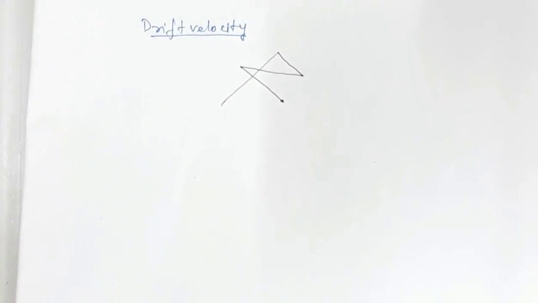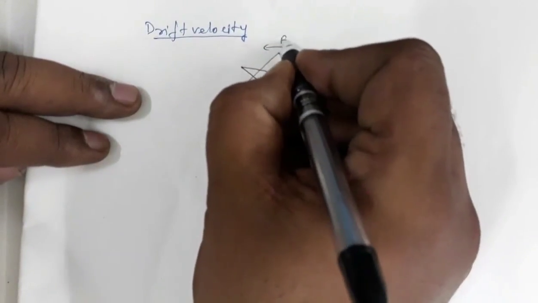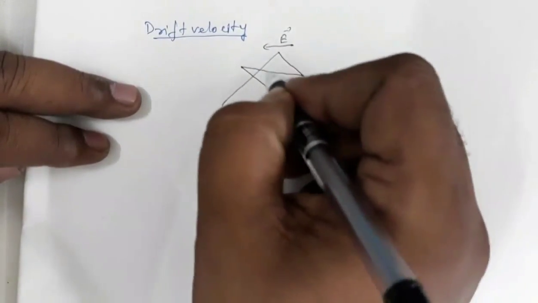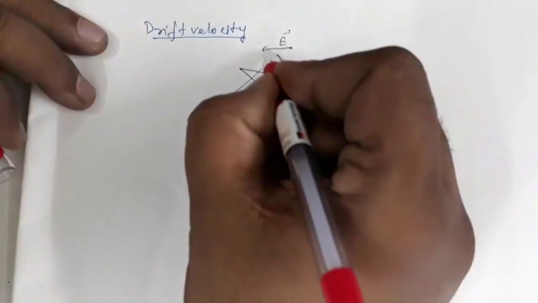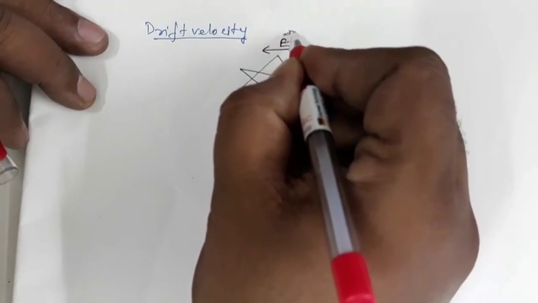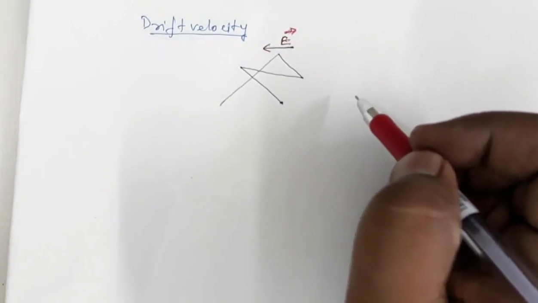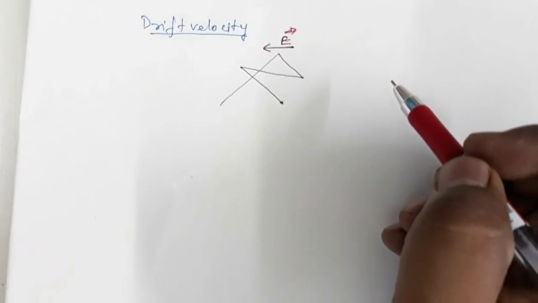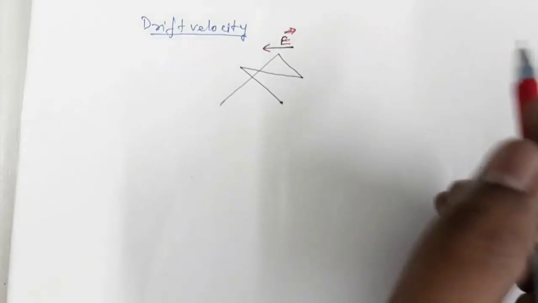This is the path traced by the electron in the absence of an electric field. Now the electric field is applied in this direction, let me make it red color. Since the electron is negatively charged, it will be drifted in a direction opposite to the electric field.